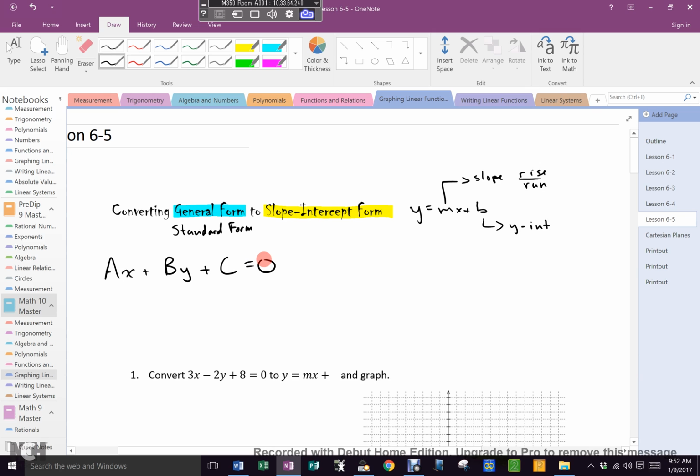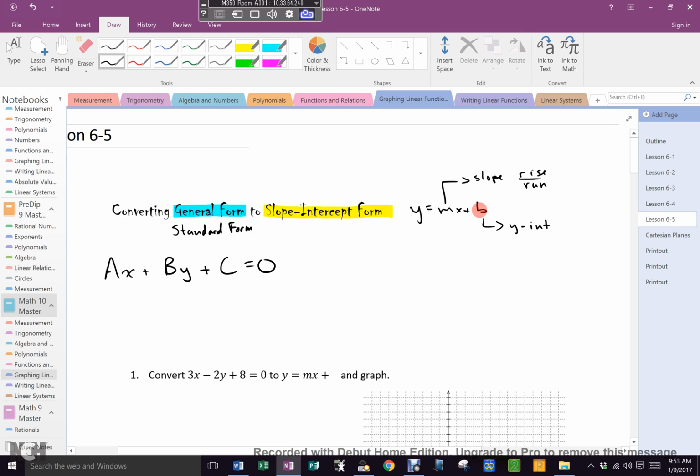Now notice a couple of things. There's an x. There's a number in front of x. But in this form, the number in front of x is slope, yes? Is it in this form? No, because it's not an m. It's a constant.